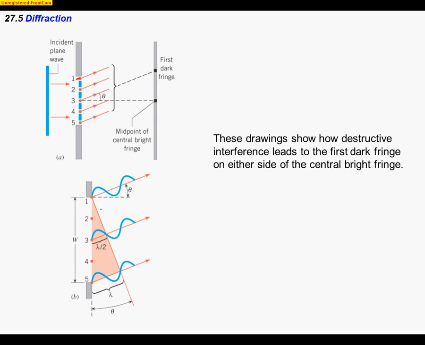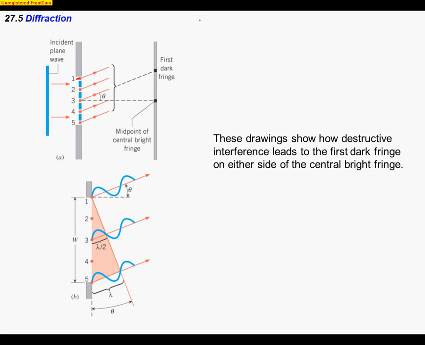If we look at a point just below there and a point just below here, those two will interfere destructively. And so when this is exactly 1 wavelength longer than the one at the top, then for every wave in the top half of the slit, you get a wave in the bottom half of the slit that's canceling it out. And so that produces a dark fringe.